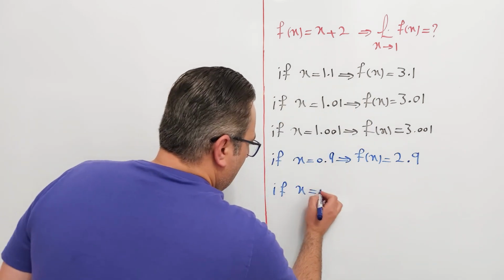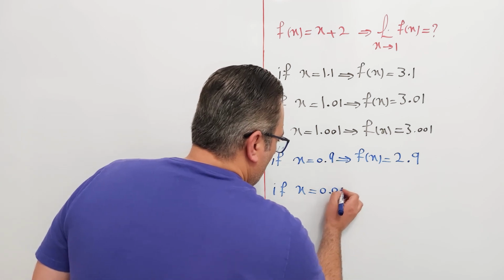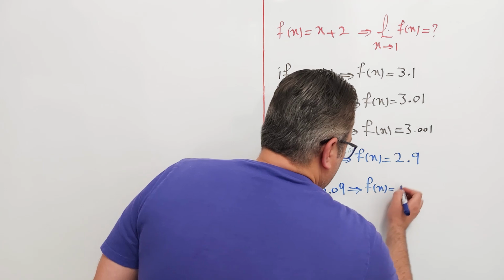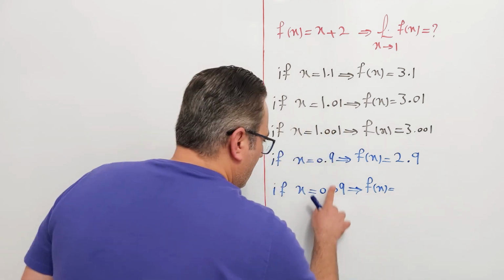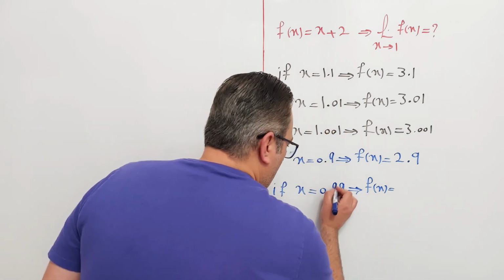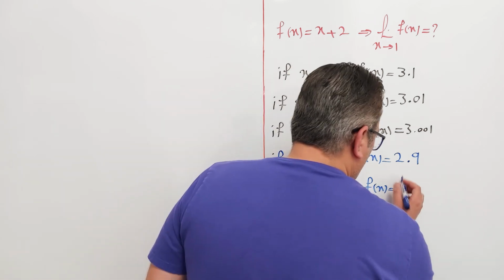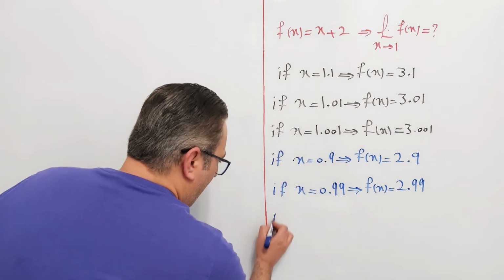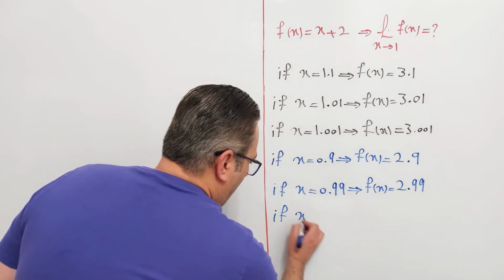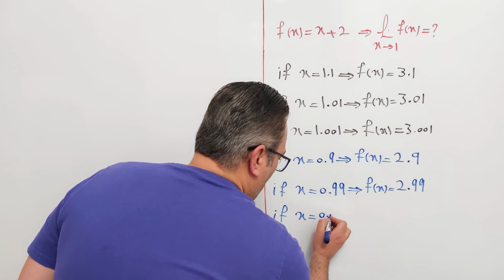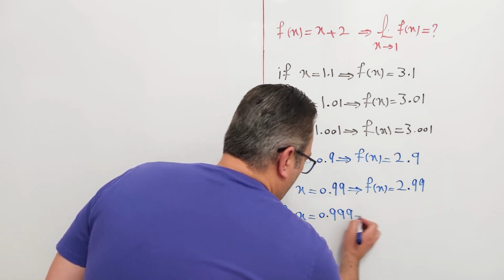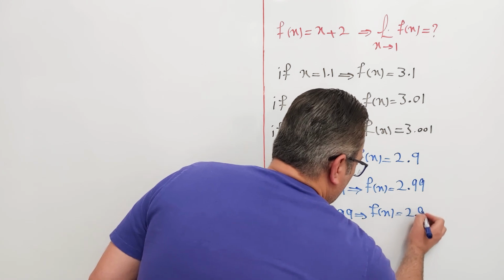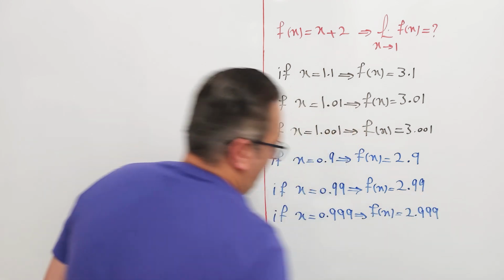If x = 0.99, then f(x) = 2.99. And if x = 0.999, then f(x) = 2.999.